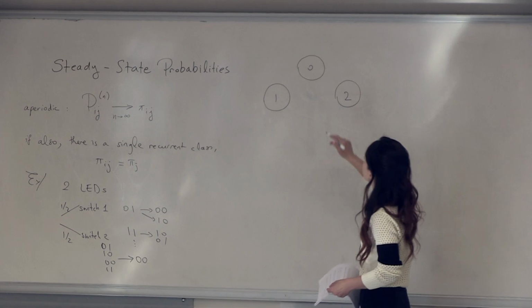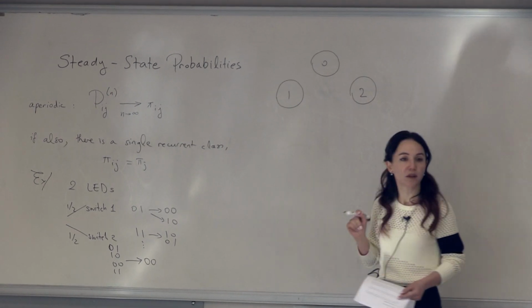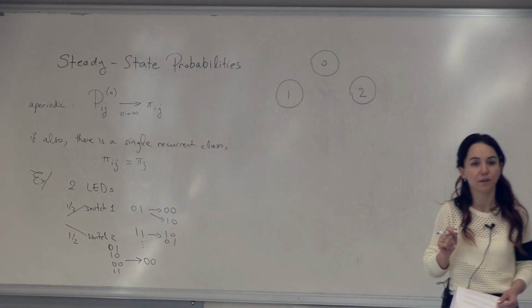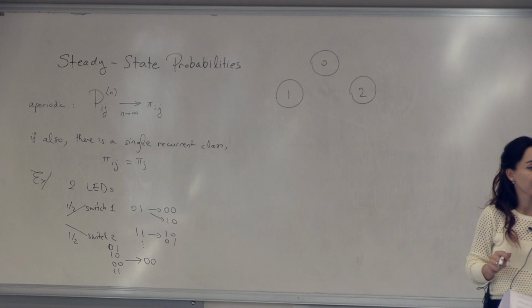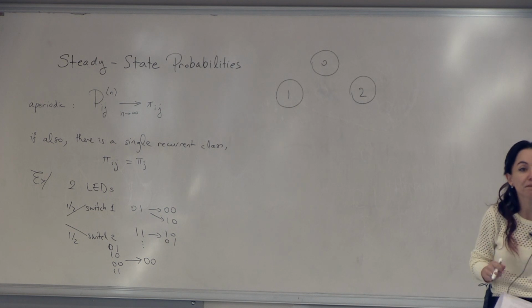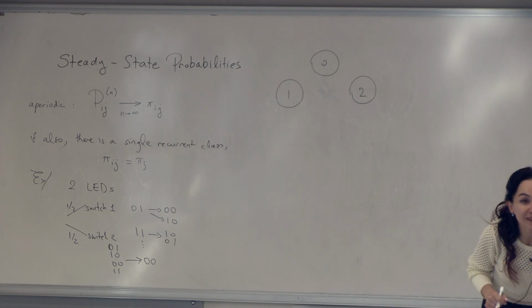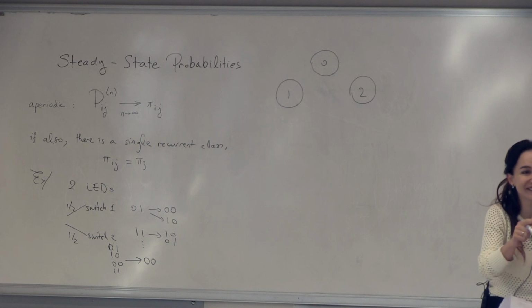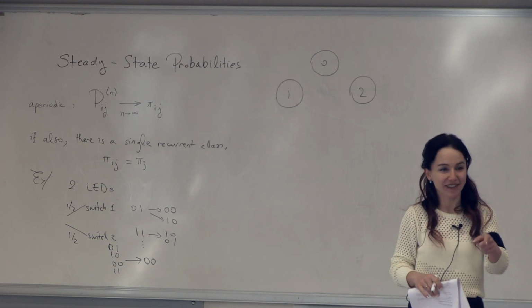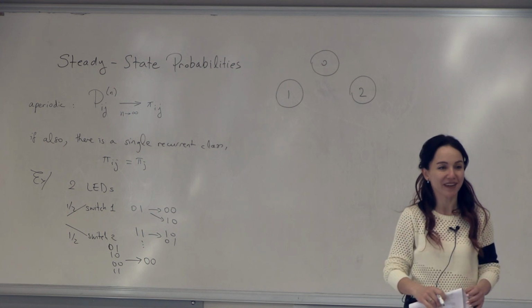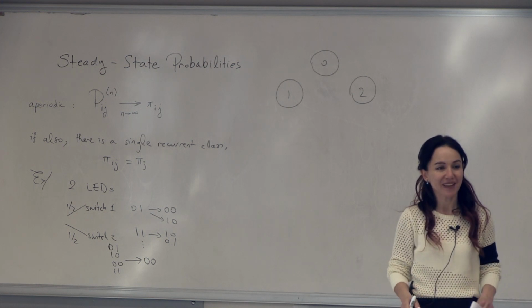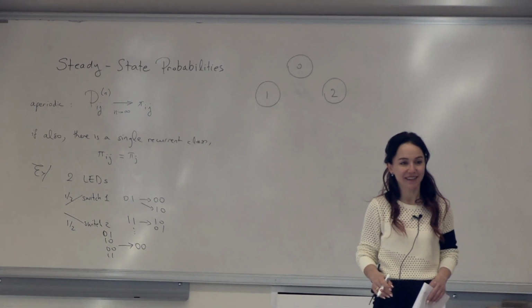So what do you think? From state 0, to what state can I go? I'm at state 0, somebody comes in and flips a switch. Emin? We go to 0 if we choose switch 2.